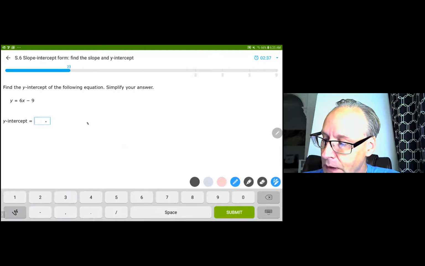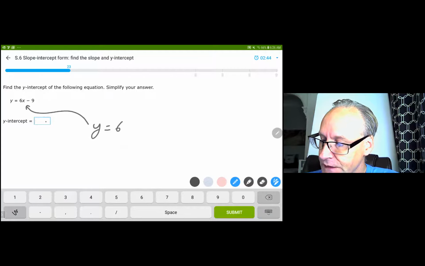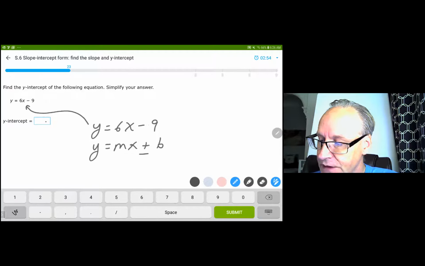There's a problem. Even though this is subtraction, notice this. We have y equals 6x minus 9, which is not written like this, mx plus b. Notice that it would have to be addition.